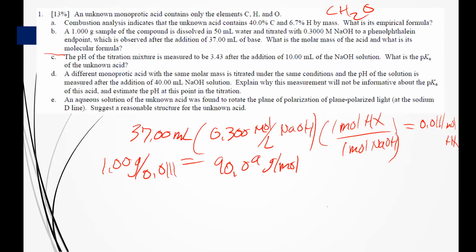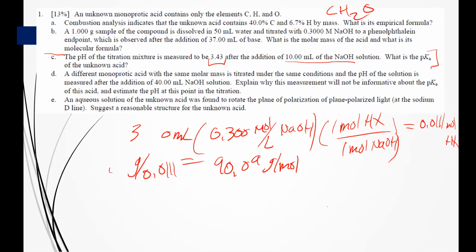But when we're looking at this next one, the pH during the titration, we need to figure out what's been going on in our process. We know that this pH is 3.43, and we've added 10.0 milliliters of our NaOH.